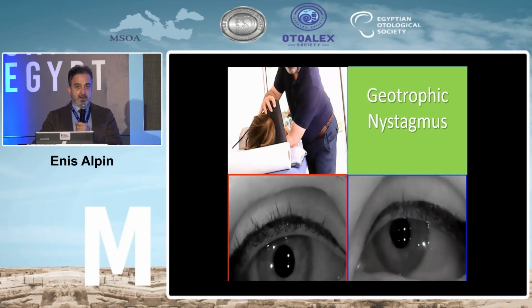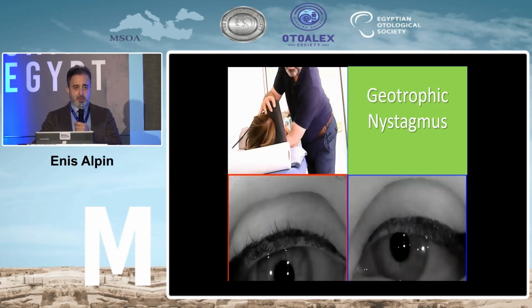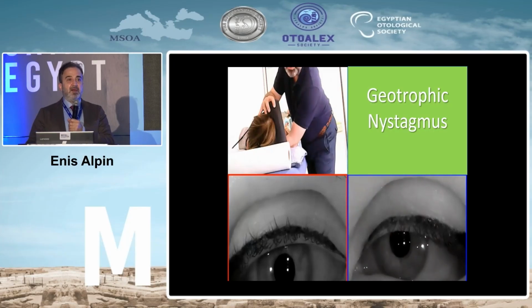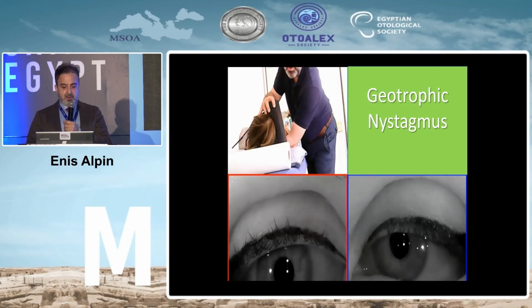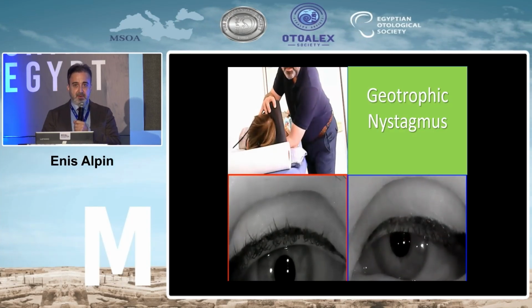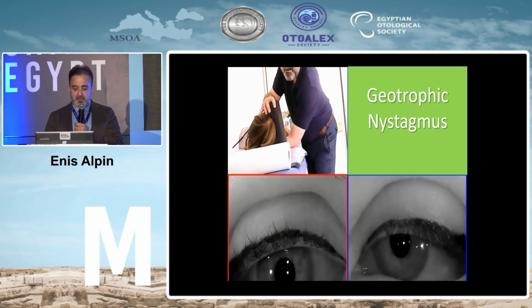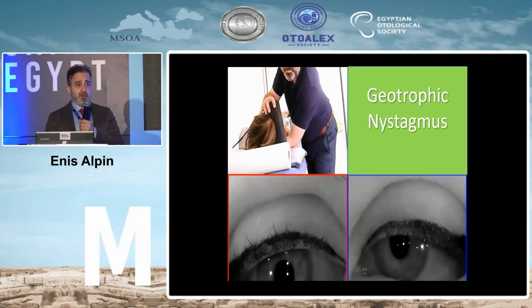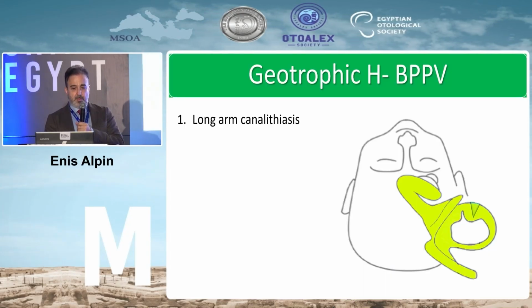So in almost every case, there is a side where the nystagmus is faster than the other side. We have to take care of this. When we see the geotropic nystagmus, we have to decide on which side it is stronger.